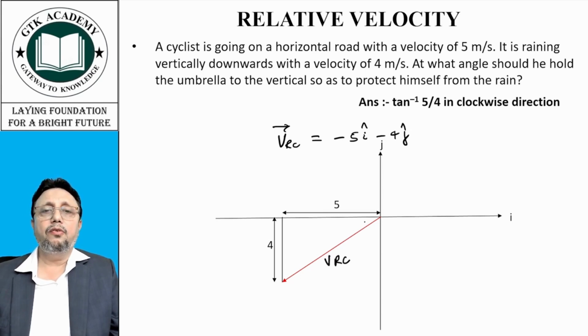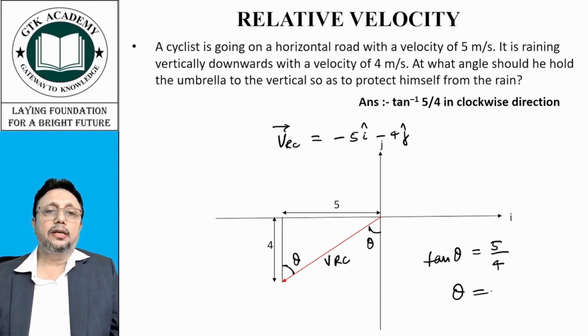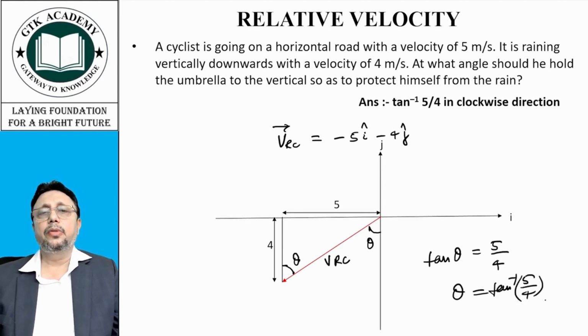Now he was asking about this angle theta. If this angle is theta, then this angle is also theta. So you can easily see tan theta is equal to 5 by 4. Theta is equal to tan inverse 5 by 4. Pretty simple.